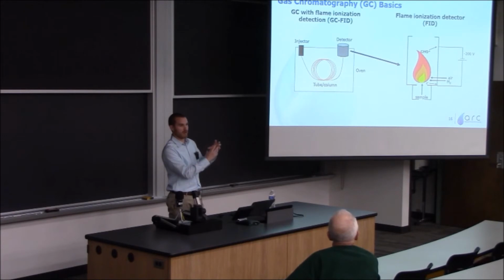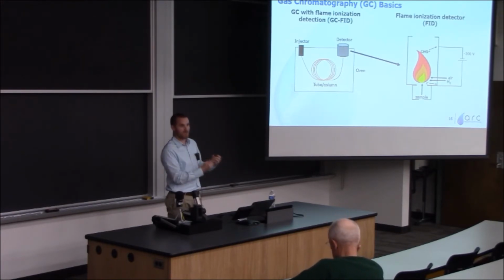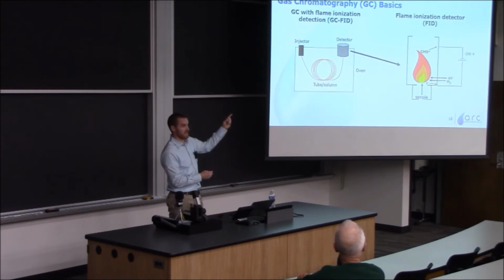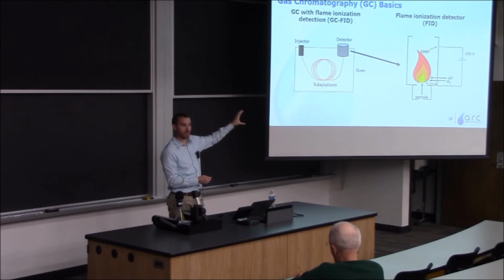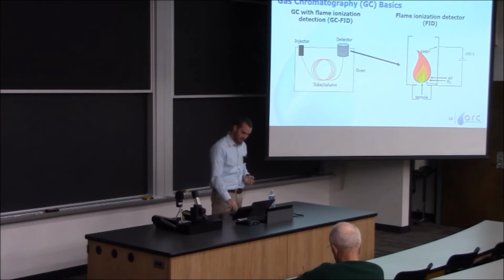When you burn them, you create these ions, these carbocations. About 1 in every million carbon atoms that goes into that flame creates one of these ions. Then you just take an ammeter and measure the number of ions, because there are electrons that have to balance it. You measure the number of electrons that go through, and that's a signal that's proportional to the amount of sample that's gone through that detector.